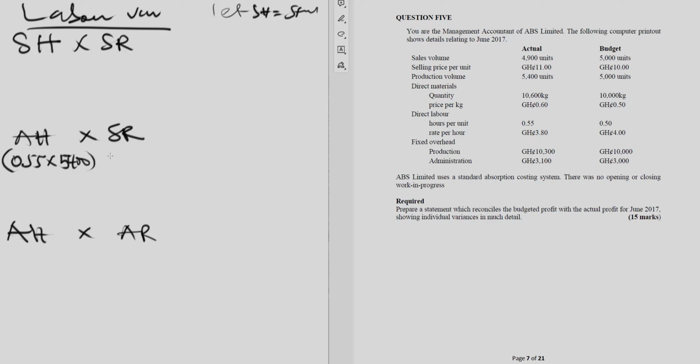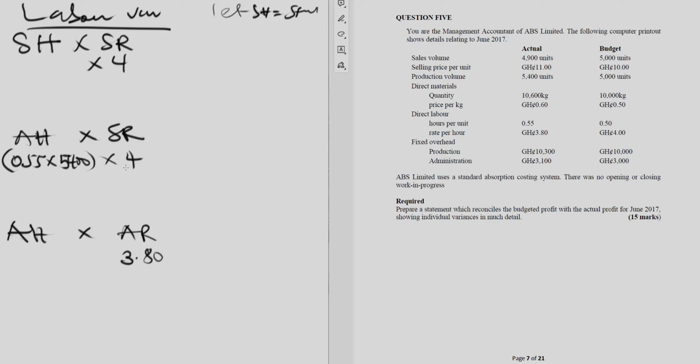So this one by the standard rate, and they give us the standard rate for labor. The standard rate for labor was 4 cedis. So we have to use this 4 cedis throughout. So labor, 4 cedis here, 4 cedis here, but the actual rate was given as 3 cedis 80 pesewas.